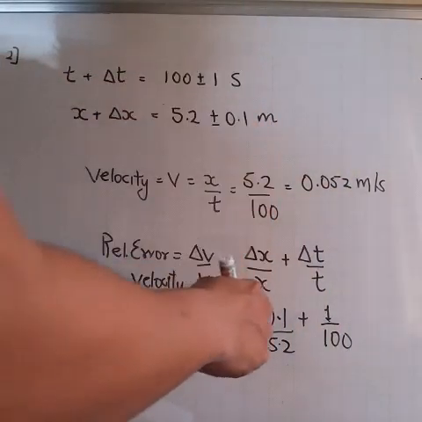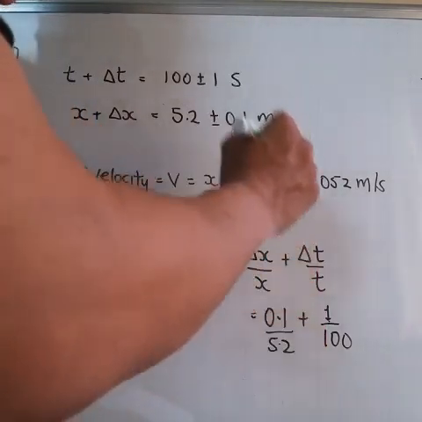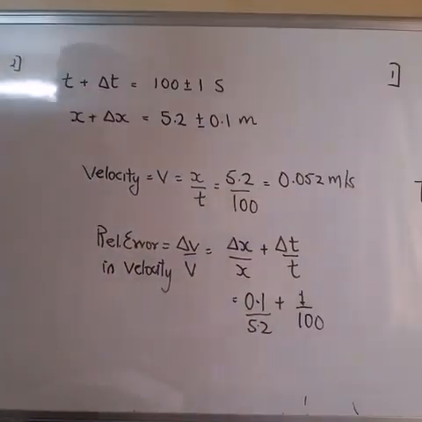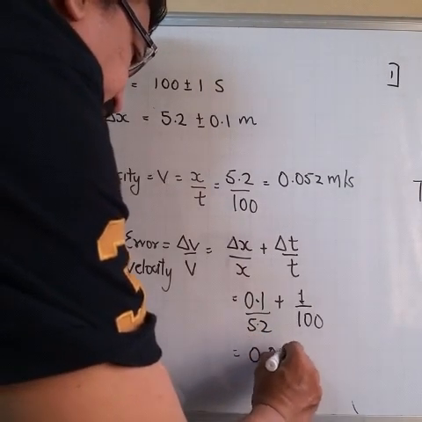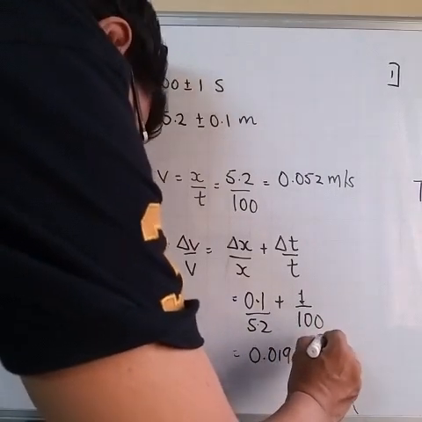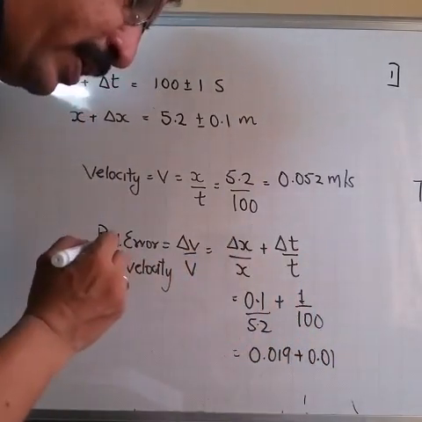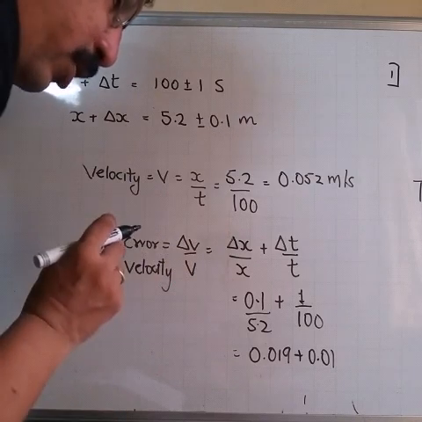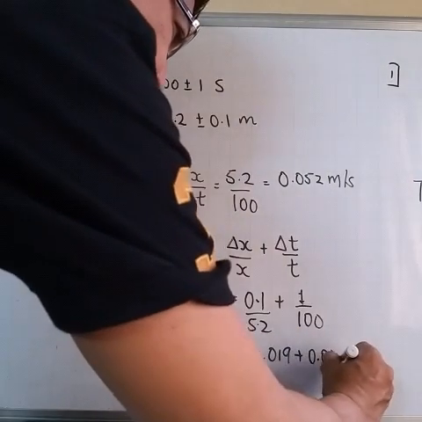What you get here? 0.1 divided by 5.2 is 10 upon 52. When you divide this, you get the value 0.019 plus 0.01, which comes out to be 0.029. Okay, it comes out to be 0.029.